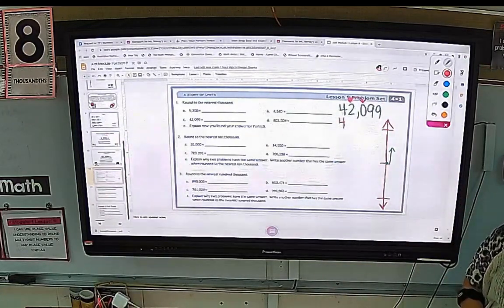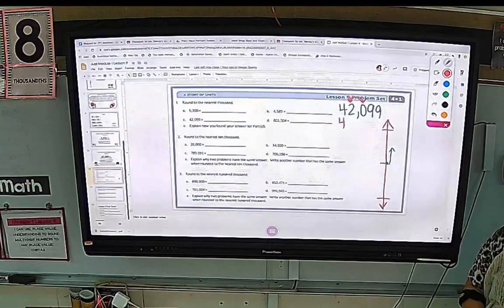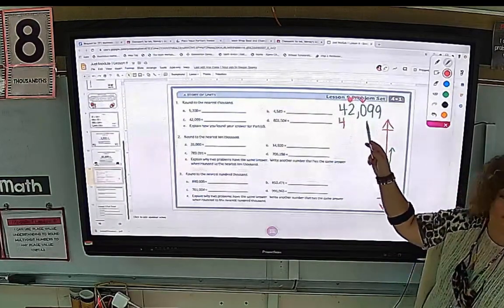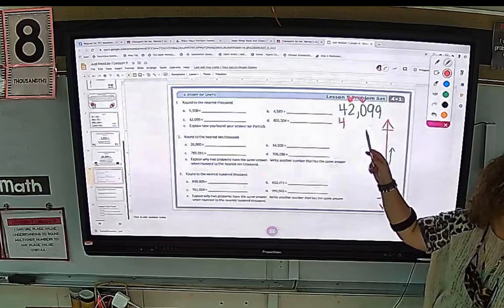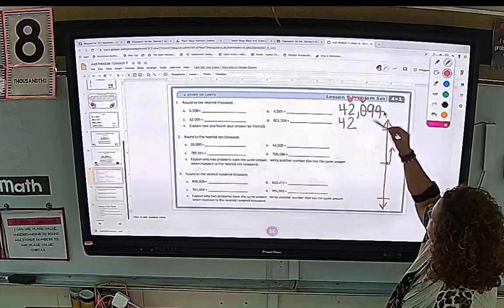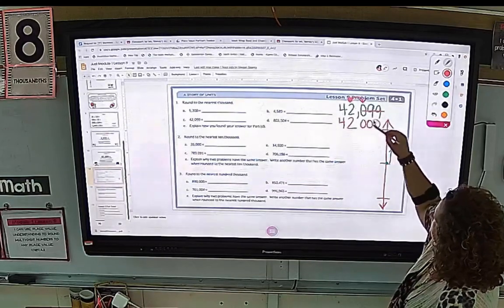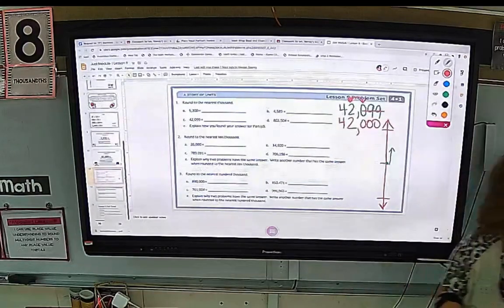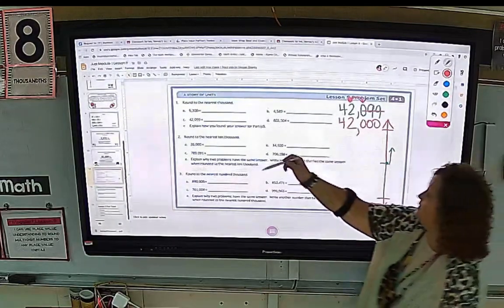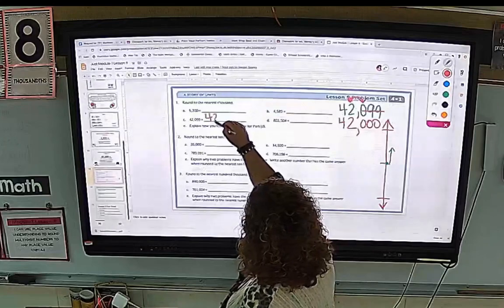Yes. Why? Faith, why? It's the same because it's not more than 5. Yeah, because 0 is tiny, isn't it? I mean, it's nothing. So that stays the same, and all of these become zeros. Any question about that one? Okay, the answer to C was 42,000.